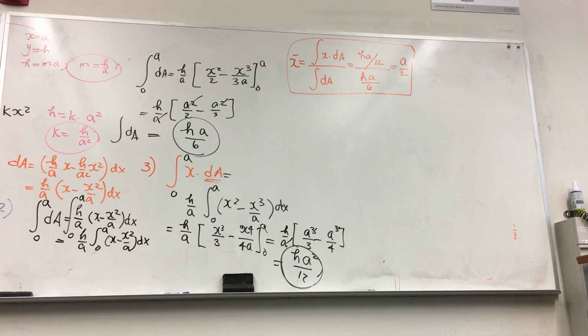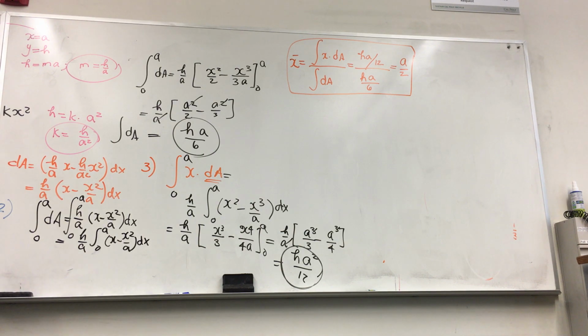Okay? Now you need to find y bar. The good news is, to evaluate y bar, you have already calculated the total area. So you don't have to redo that. So for y bar, you only have to find out this integral. Of course, for doing that integral, you need to redefine dA for this case.